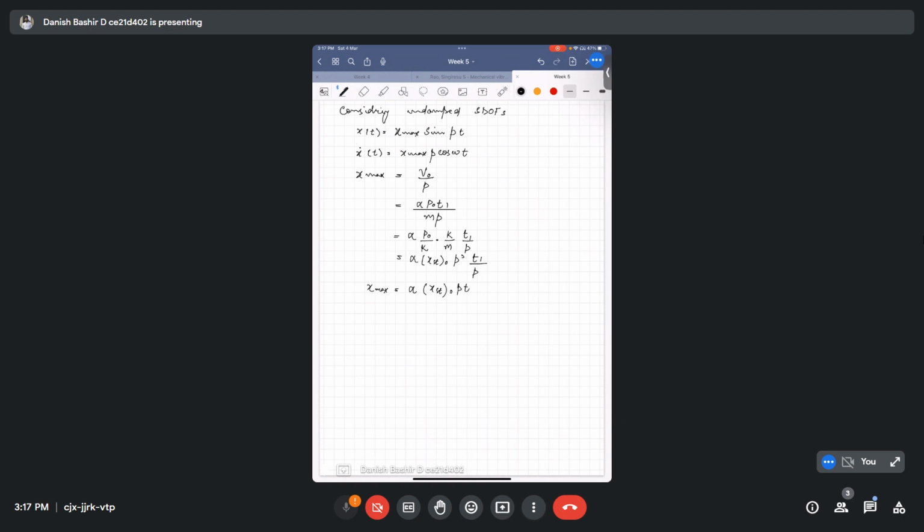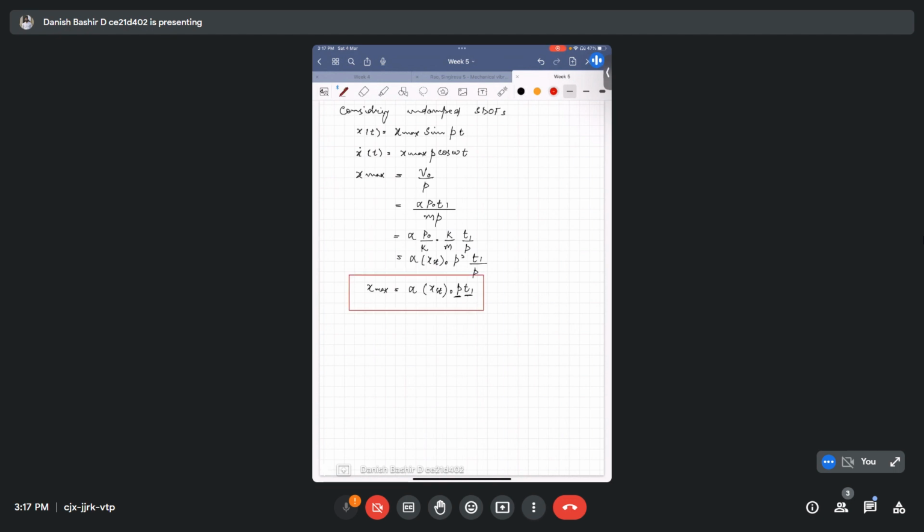You can clearly see that the maximum dynamic response that a system can show is some term alpha times the static displacement of that system, and that will totally depend upon the natural frequency and the time period of that pulse.